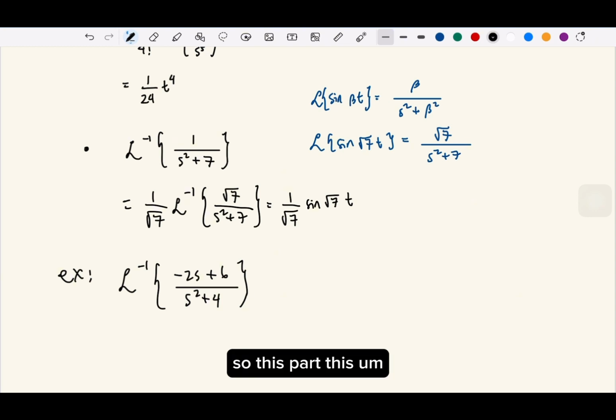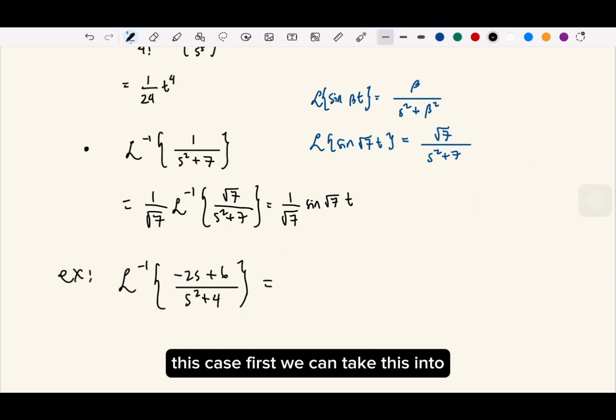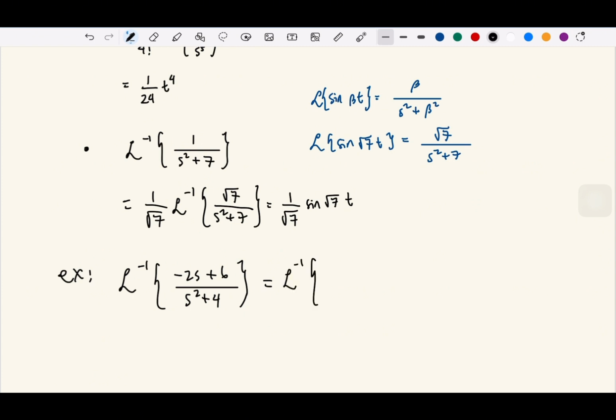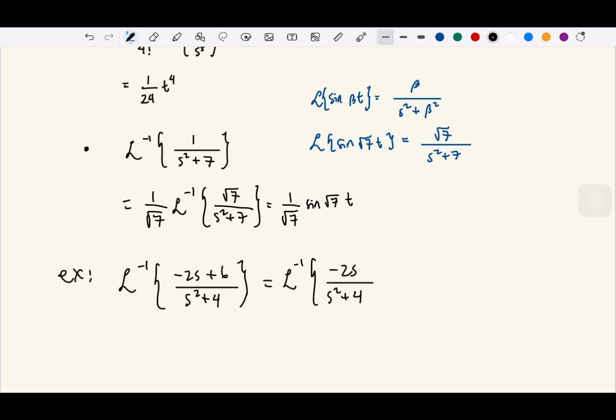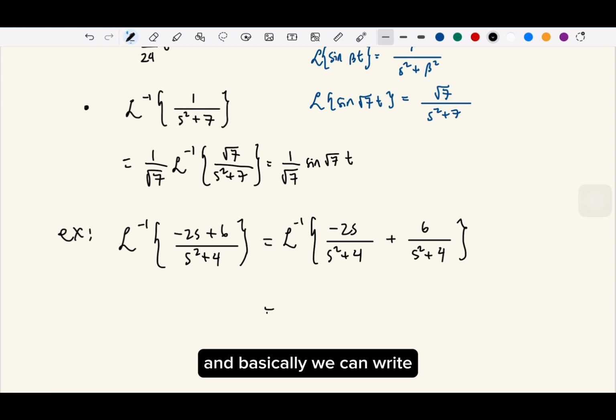So in this case, first we can take this into two separate equations. Basically we can write, and we can factor out the constant.